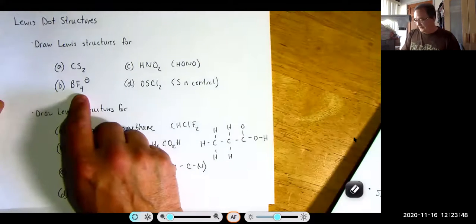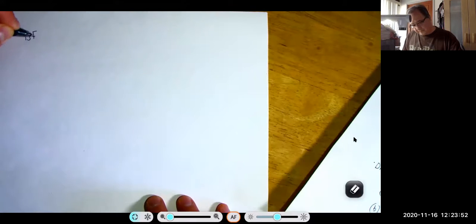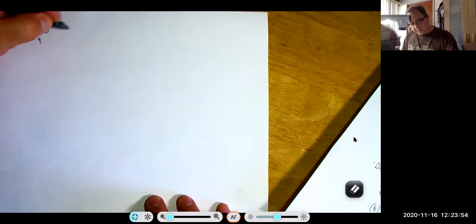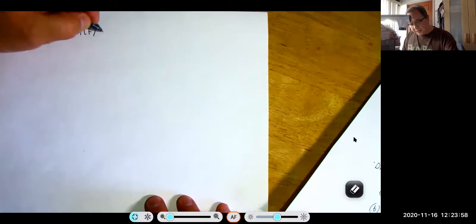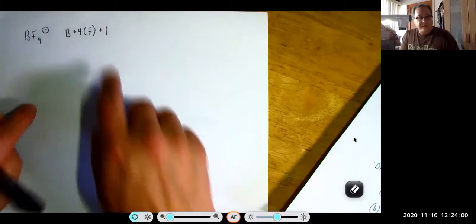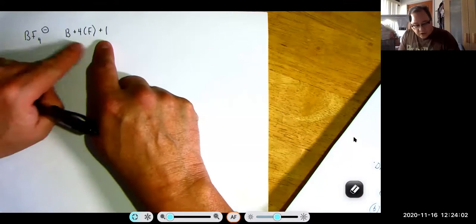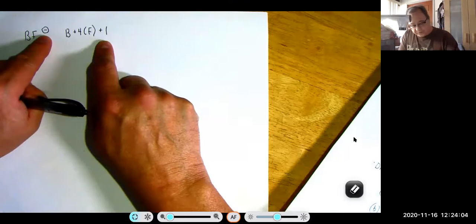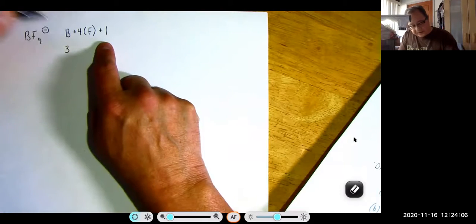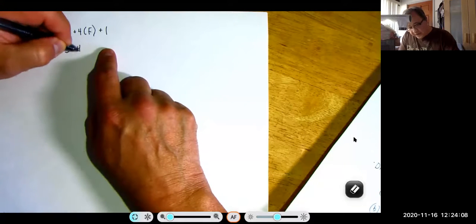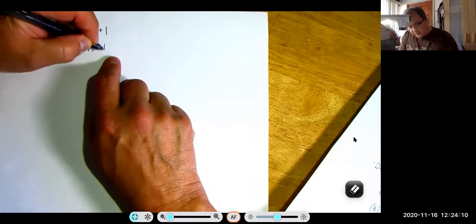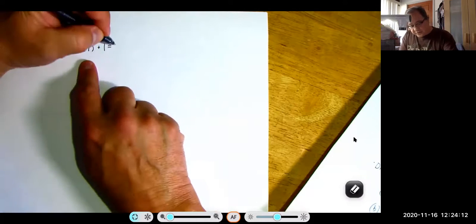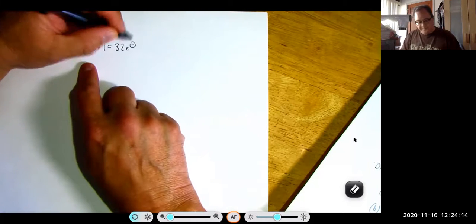So let's look at this BF4-. Okay, so you've got a boron plus 4 fluorines, and then we have to add a valence electron for the negative charge. Boron has 3 valence electrons, fluorine has 7. So when you add these all up together, you get 32 electrons.